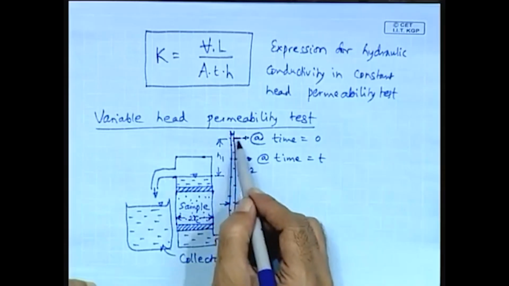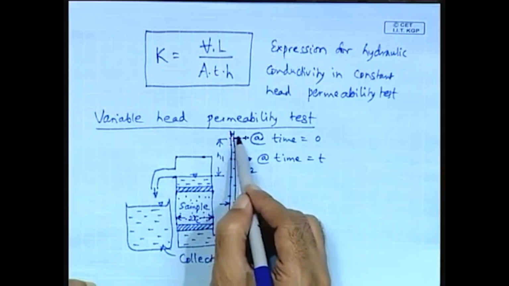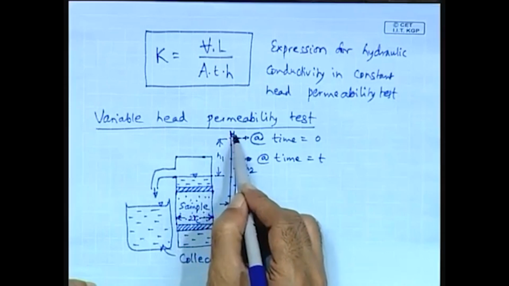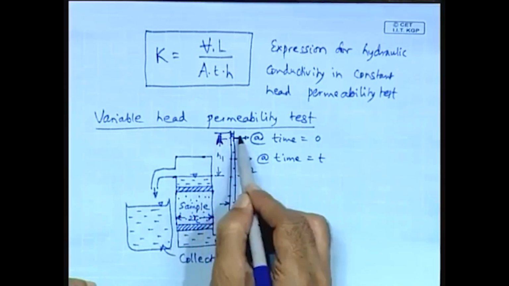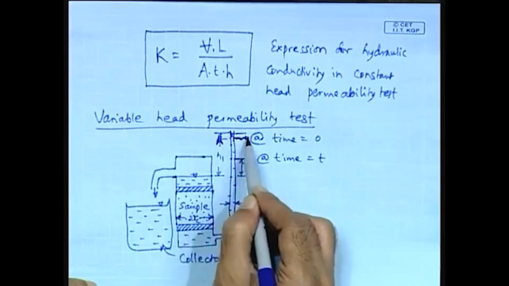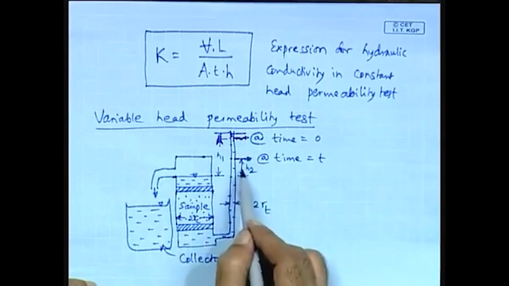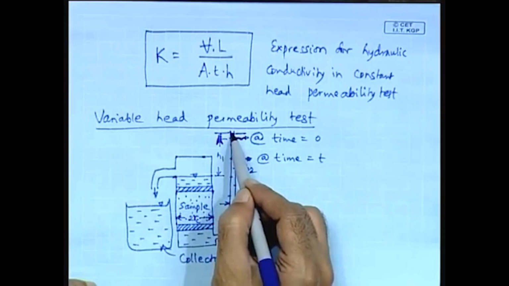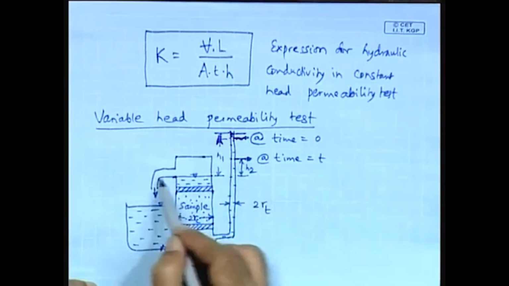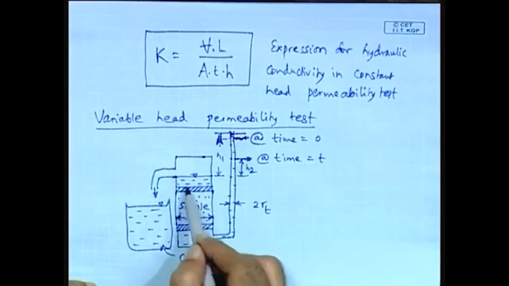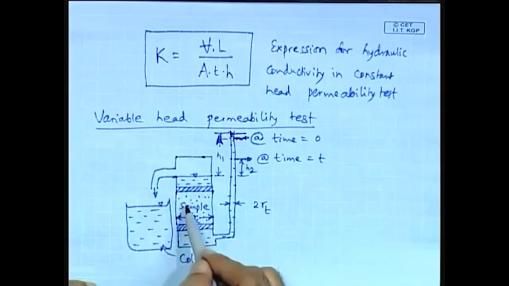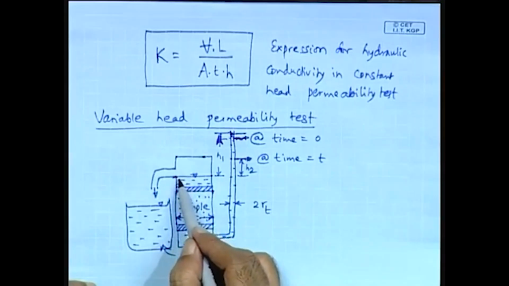So initially the head is at this level, which is above the reference level, a constant water level maintained after flow through the soil or rock sample.